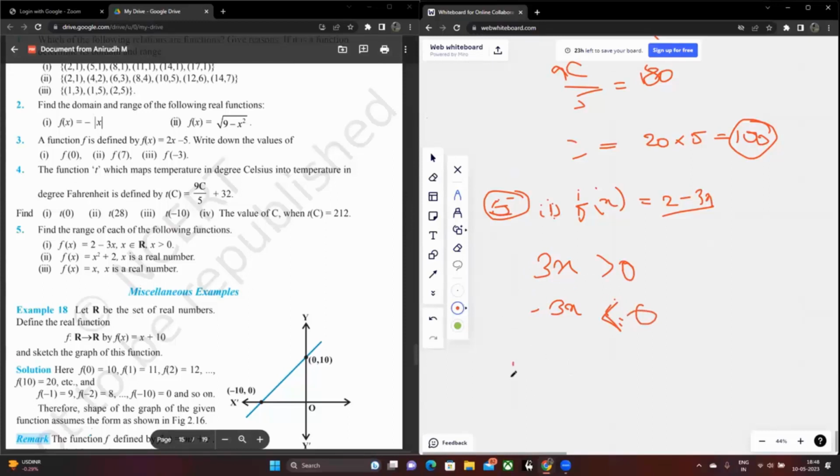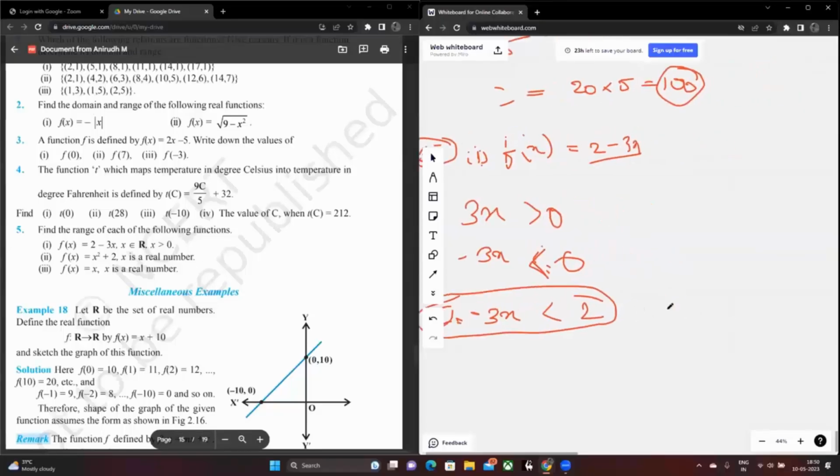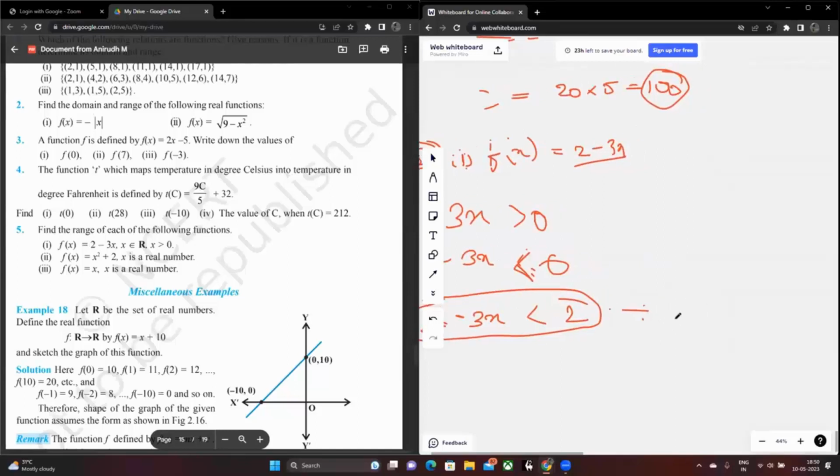Adding 2 on each side, 2 minus 3x is less than 2. So the range of f of x is minus infinity to 2, open, because it cannot be equal to 2 because x is not equal to 0.